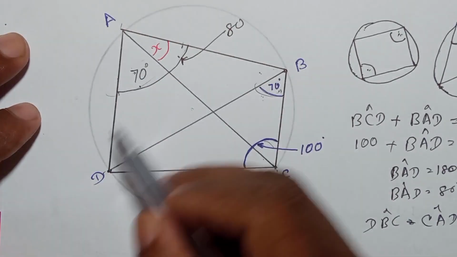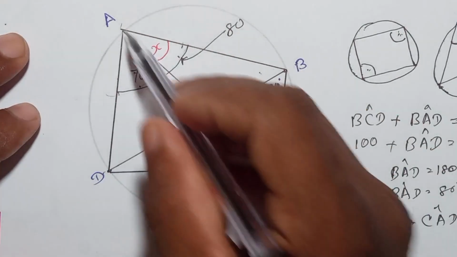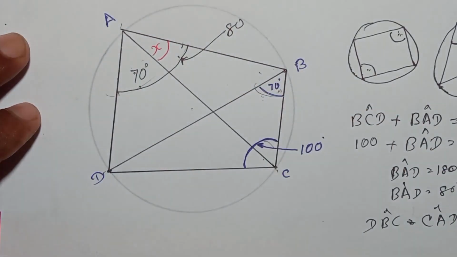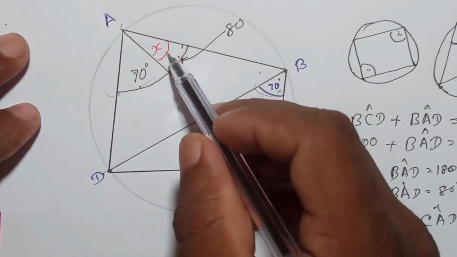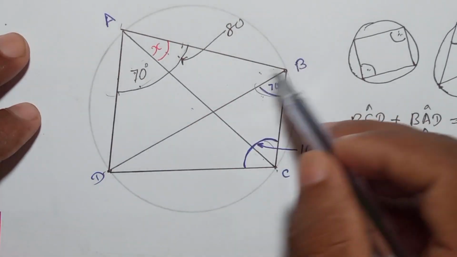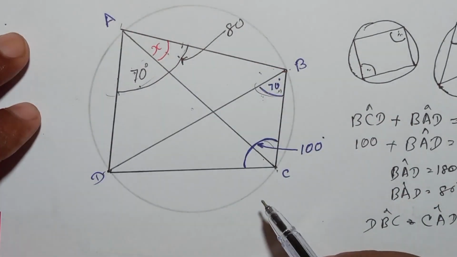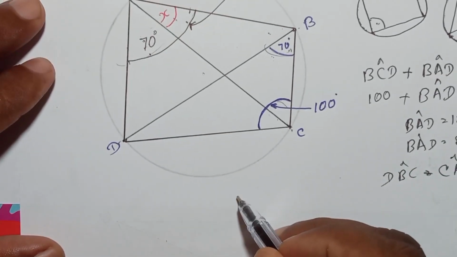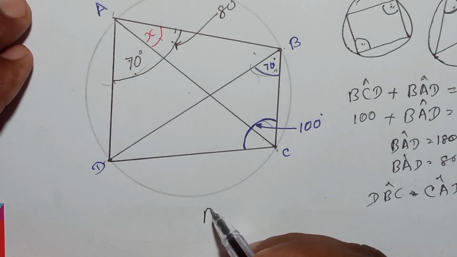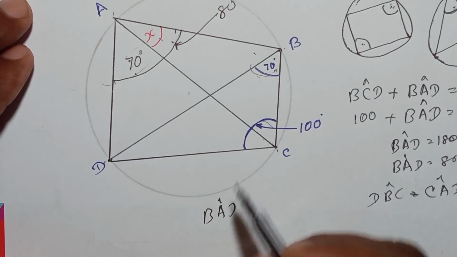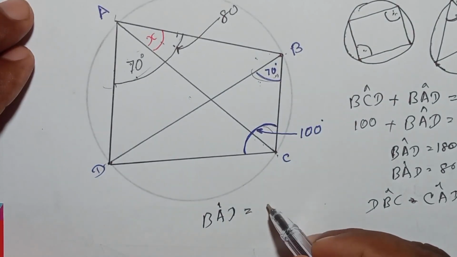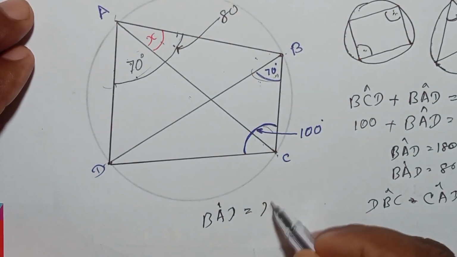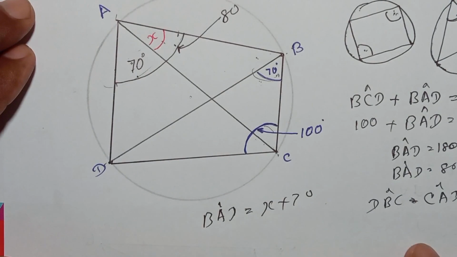When you add these two together, it makes BAD. So I can write BAD, this big angle, is equal to x plus 70.